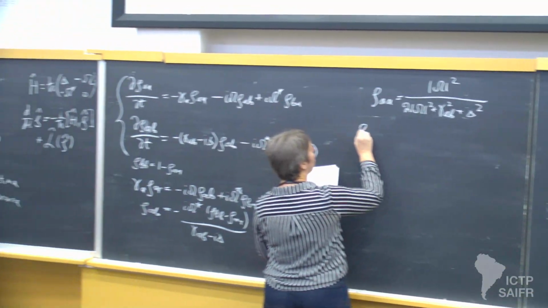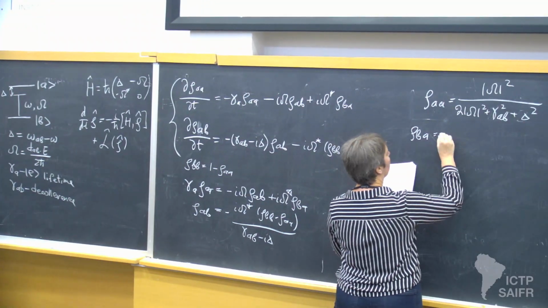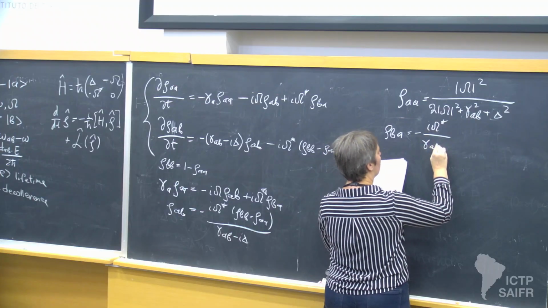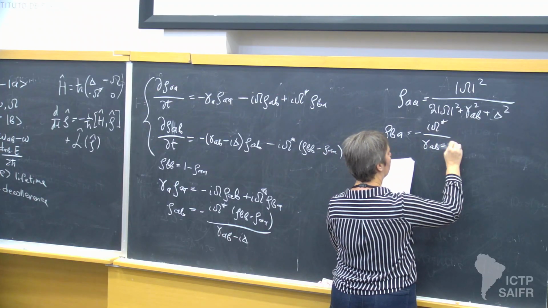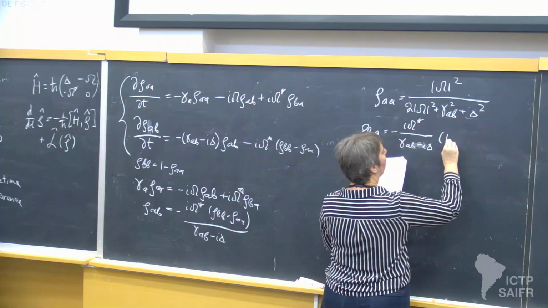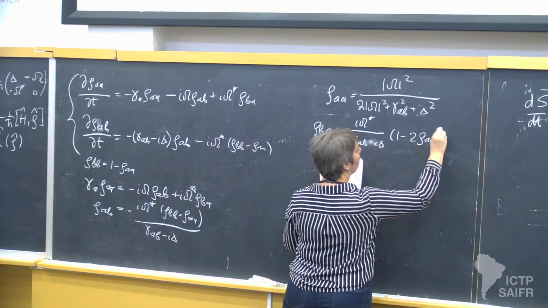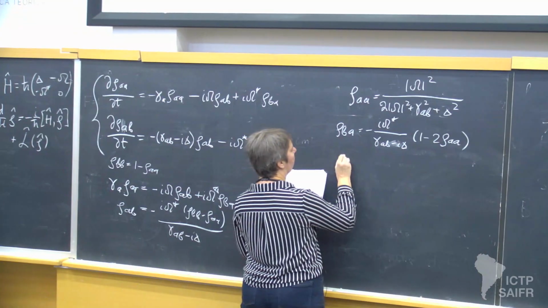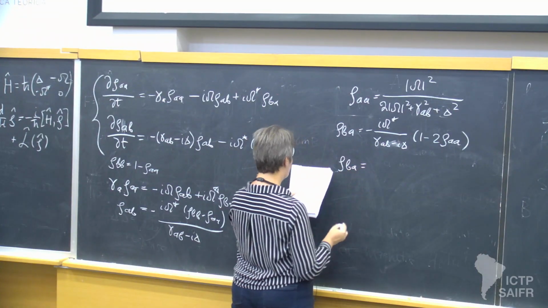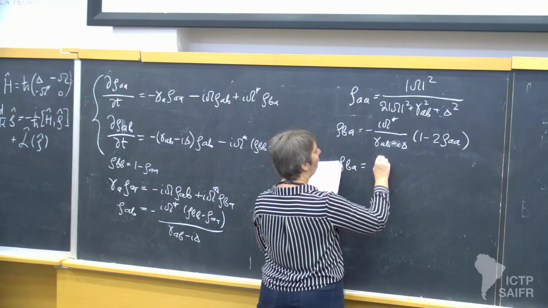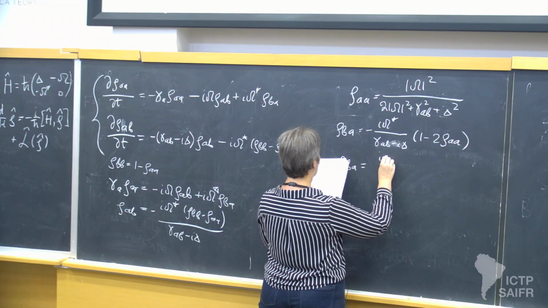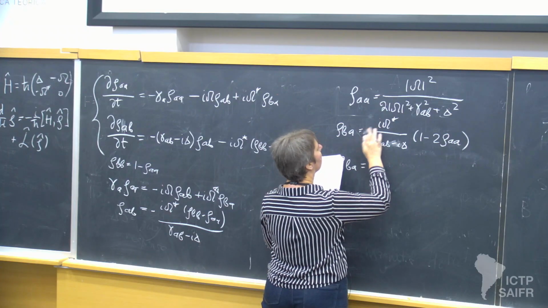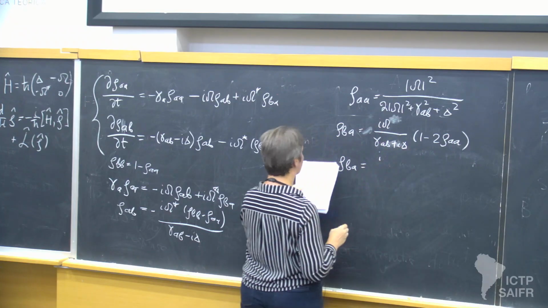And then, as we discussed, rho BA is equal to minus i omega star, over gamma AB plus minus i delta, times 1 minus 2 rho AA. You take this, substitute here, go through the algebra, and you find that rho BA is equal to i, sorry, I need to take the complex conjugate for rho BA.